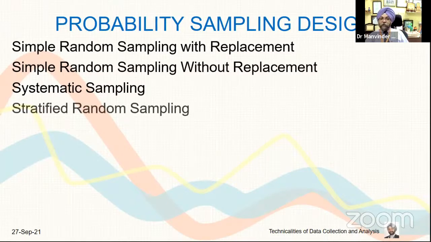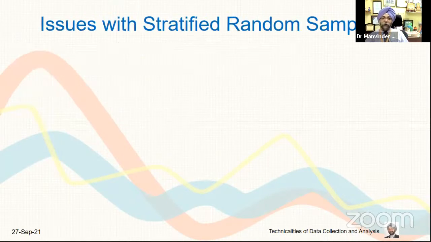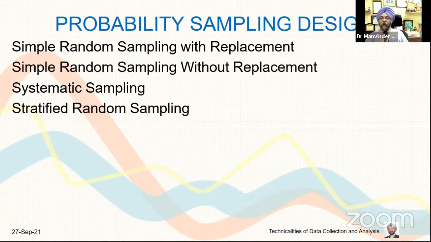Okay. Next is your stratified random sampling, right? Stratified random sampling is one of the very good ways of doing the sampling. Under this sampling design, the entire population, or the universe, is divided into certain strata or groups.